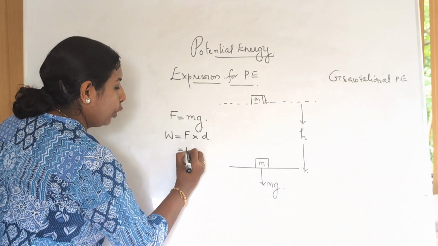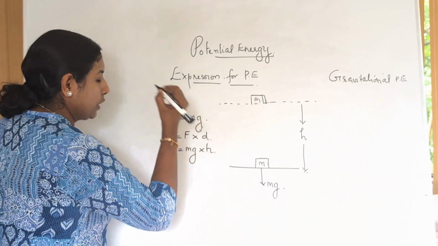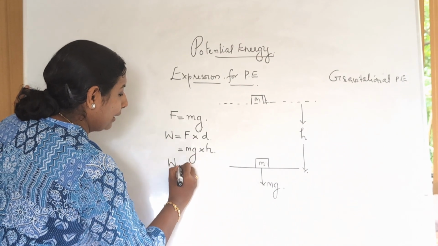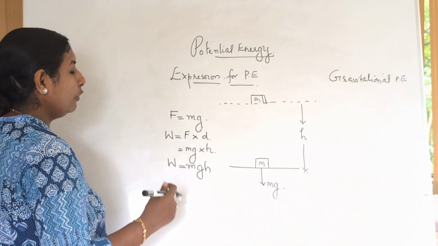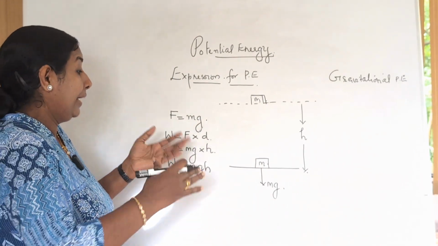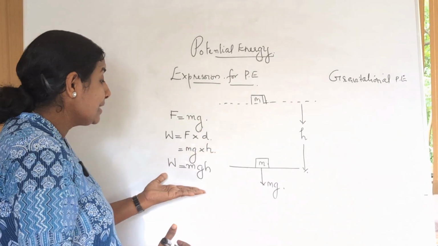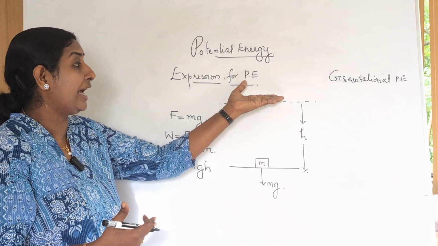Here the force is mg and the displacement is h. So the work done is equal to mgh. We are expending our muscular energy to do this work, and this energy that we spent is converted into potential energy at this height.